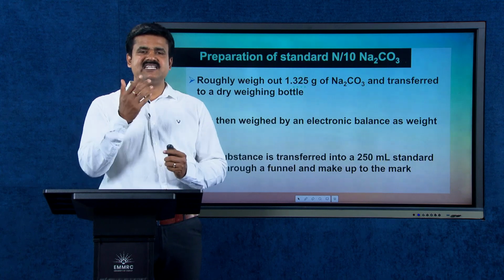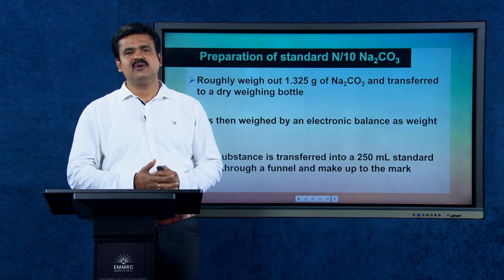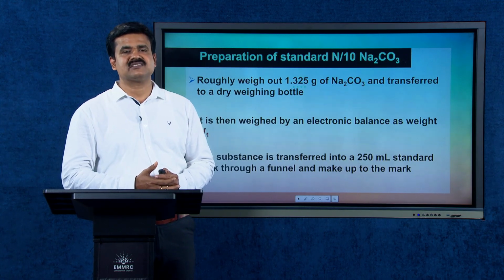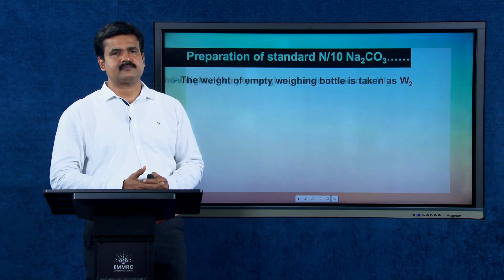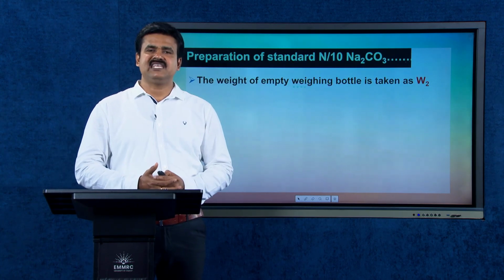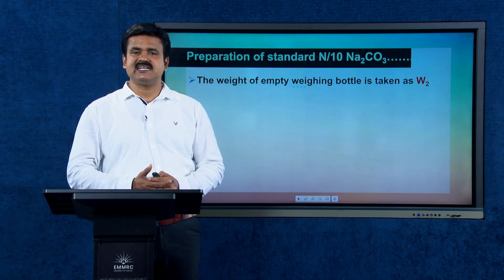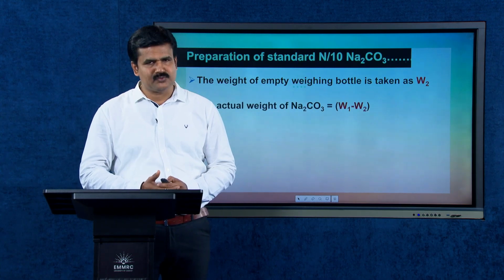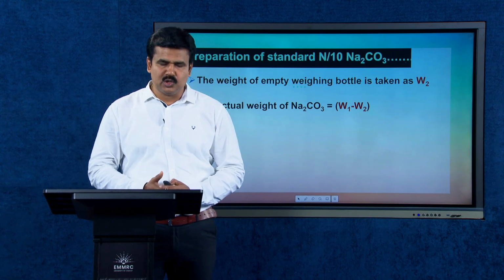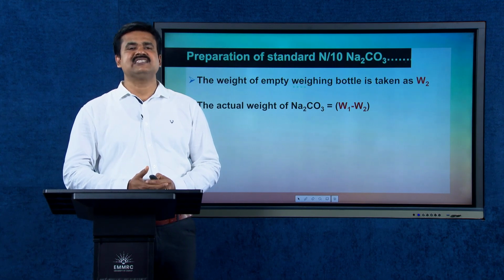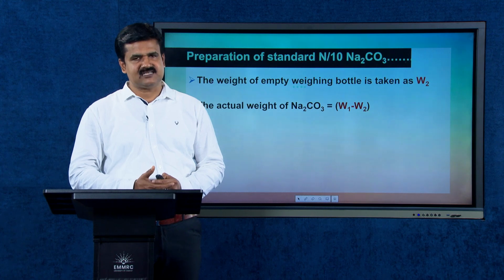The substance is now transferred into a 250 ml standard flask through a funnel and made up to the mark. The weight of the empty weighing bottle is now taken and recorded as W2. Now, the actual weight of sodium carbonate taken equals W1 minus W2, that is the difference in weight.